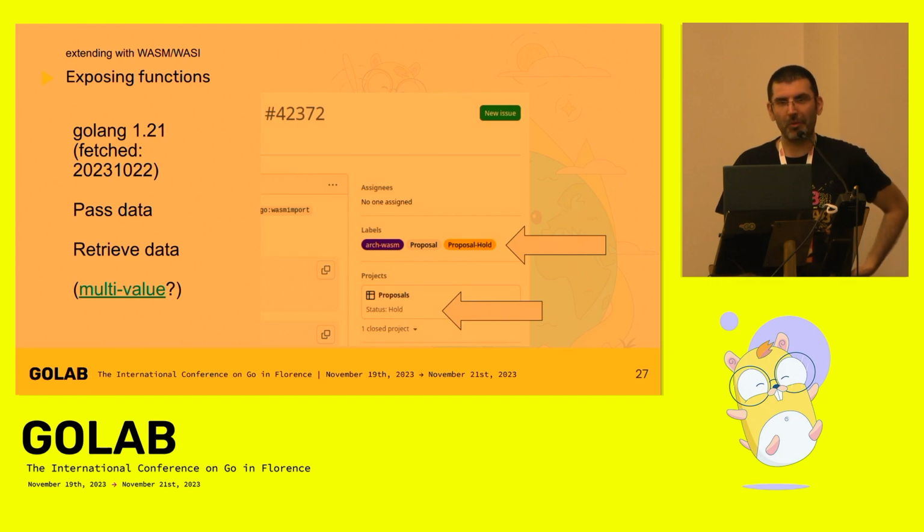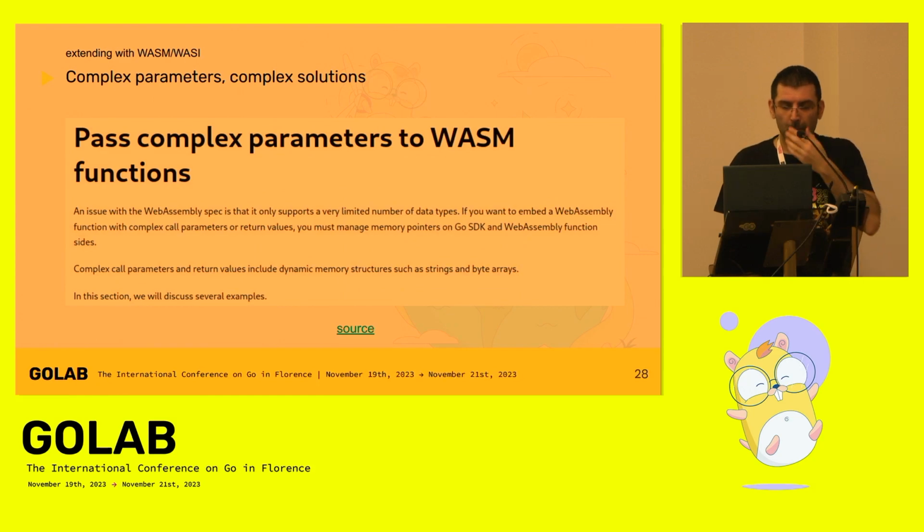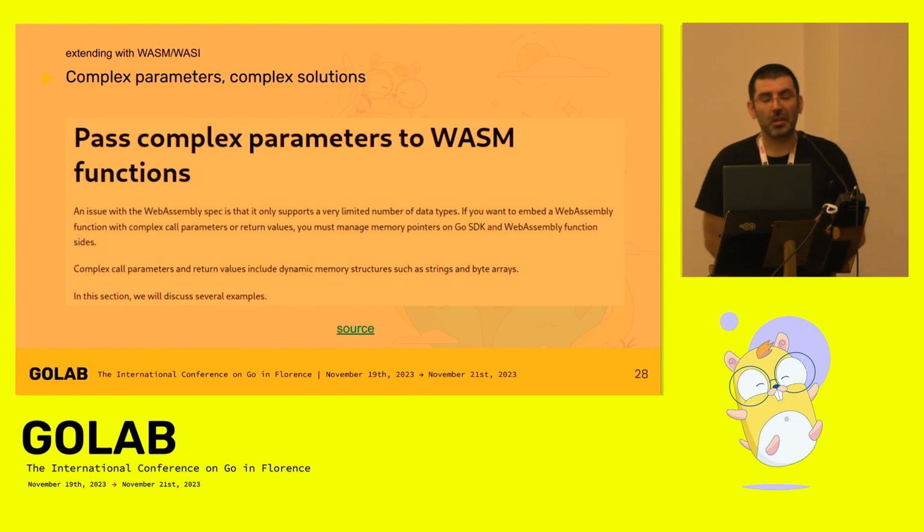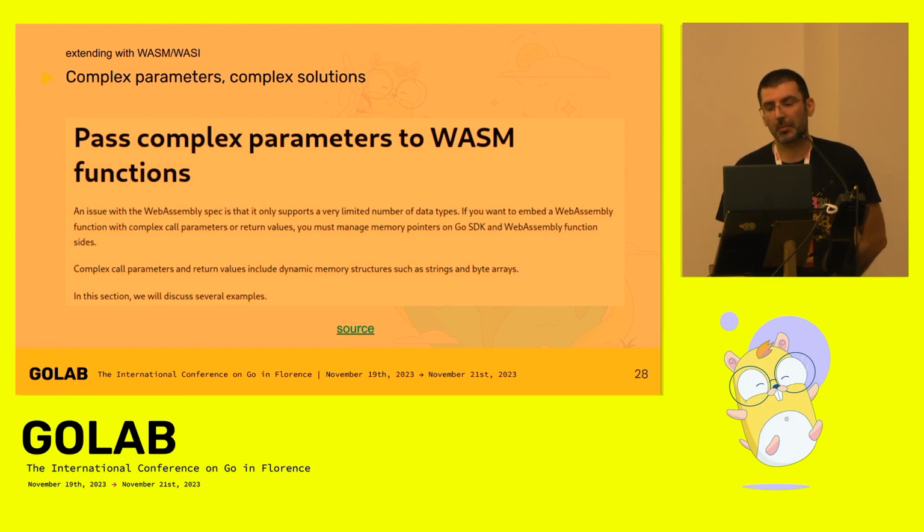So our previous overly simplified approach of using the module entry point as a way to actually execute code seems the only one. On top of that, a bit of a spoiler ahead, passing complex data back and forth from functions is a lot of fun, it turns out, but we're going to see that in a moment. So you may think, okay, what's the deal about returning a string or passing a string to a WebAssembly function?